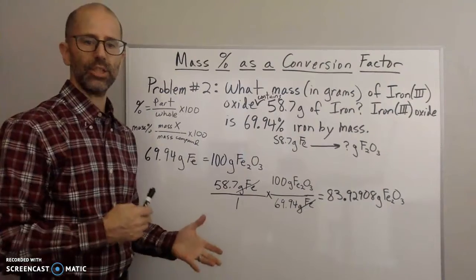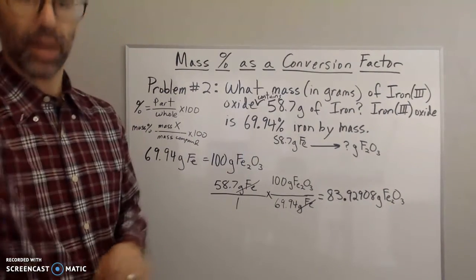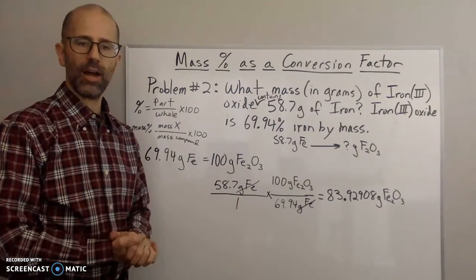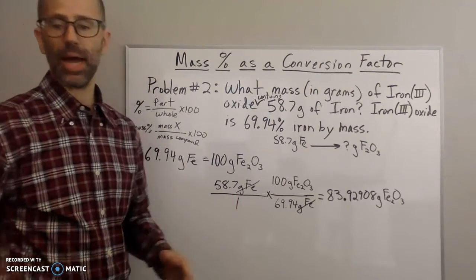So that's the answer that I get from my calculator, but I can't keep all of these digits. So I have to figure out the number of sig figs I'm allowed to keep.